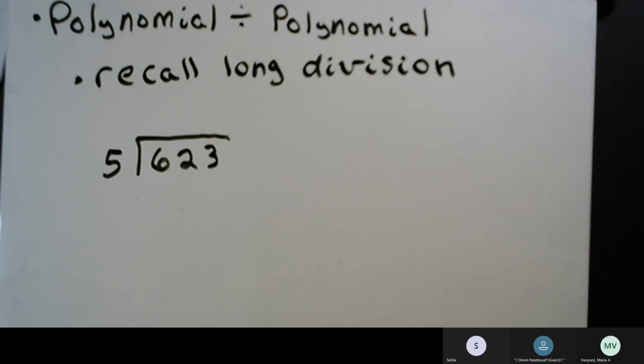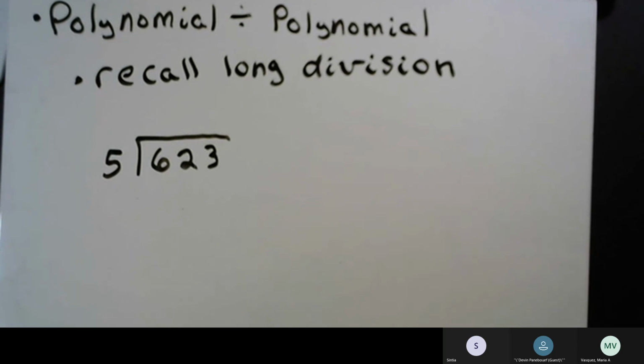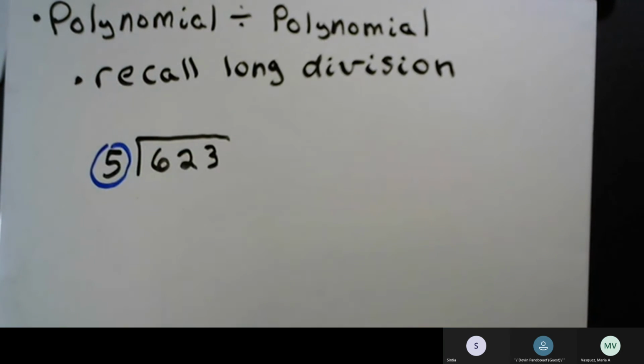So I'm going to break long division down into a longer process than what we're used to. We're going to take this number 5. This number 5 is going to be doing all the work. It's going to be dividing into everything. So our first round is this.